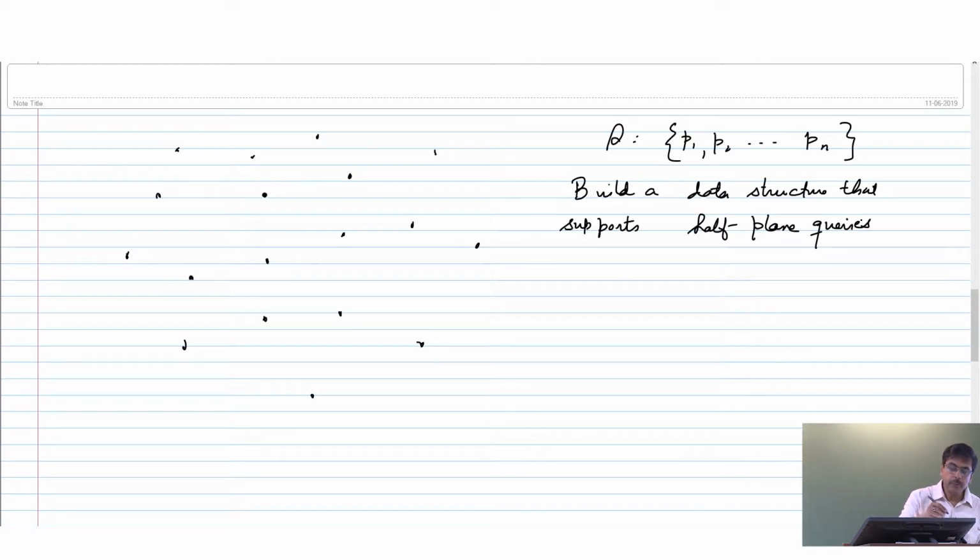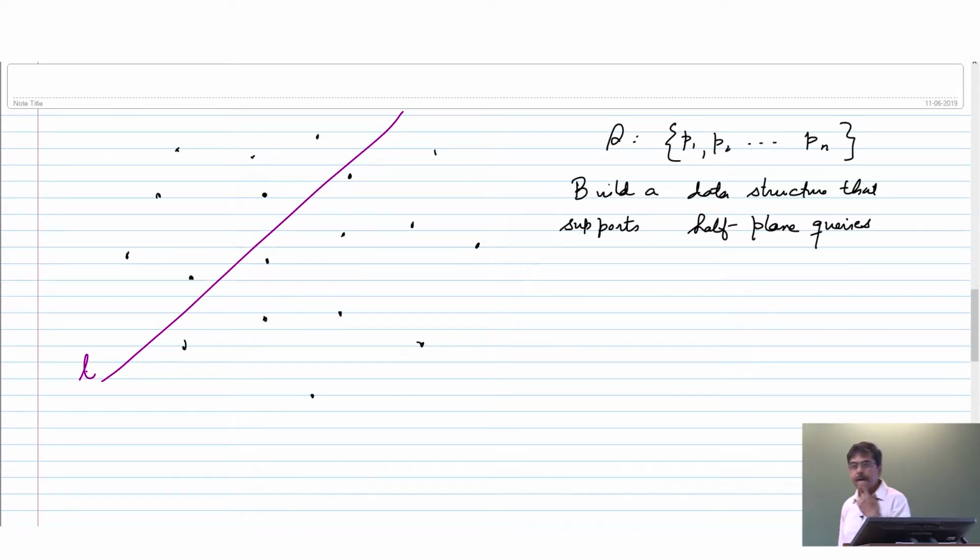Okay, what do we mean by half-plane query? Well, it is like this. So, if I am given a line, so now my input is a set of points and my query is a line. And I want to know, let us say, how many points occur below this line. So, it could be a counting query like how many points, or it could be which points occur below this line. Okay.